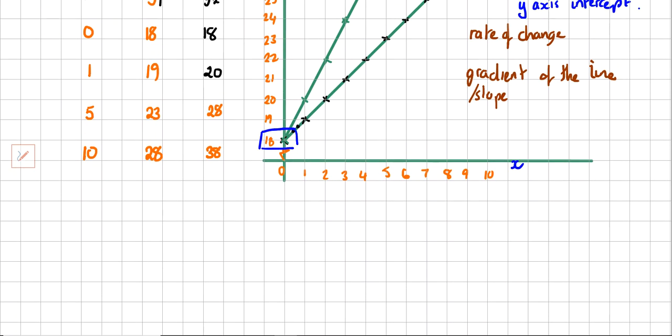So there's one thing we should now summarize, okay? Which is the rate of change, okay?